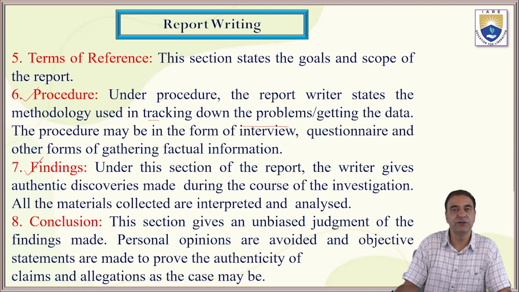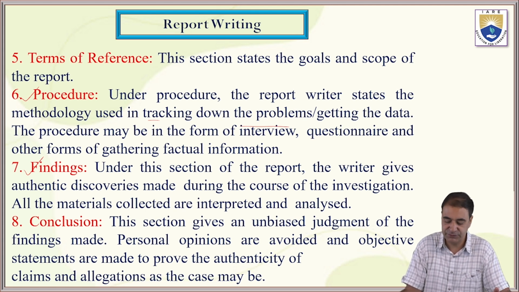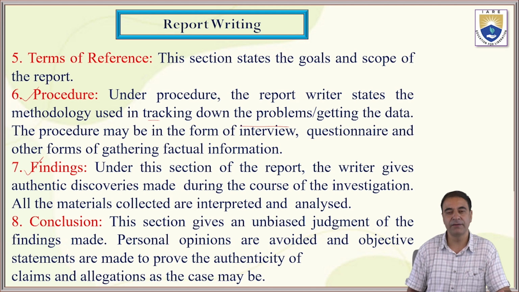And then it's followed by the conclusion. This section gives unbiased judgment of the findings made. Personal opinions are avoided and objective statements are made to prove authenticity of claim and allegation, as the case may be. In the conclusion, we put everything in a very precise manner, just to give the gist of the whole report, and it should be unbiased.